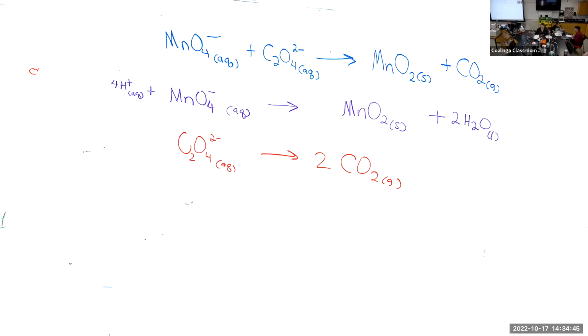Next step, balance electrons. So I have 4 minus 1 here, and I have 0 here. So I have +3 on that side and 0 on the other side. What do I need to do? Add 3 electrons to the left. Okay.